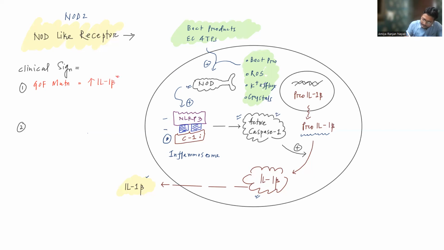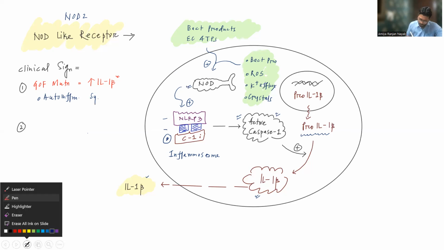Increased production of interleukin 1 beta causes a systemic inflammatory response without any antigenic stimulation. That is why this condition is known as auto-inflammatory syndrome, and the treatment has to be an antagonist of interleukin 1 beta.